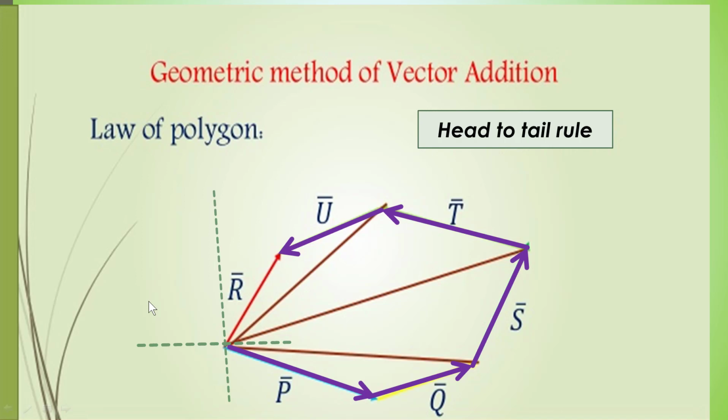So resultant will be from tail of first to the head of last. So if we are having any number of vectors, we can add them by using head to tail rule. Okay, simply by placing the tail of next vector with the head of last, and if all the vectors are finished, then we can draw the resultant by connecting tail of first to the head of last vector.